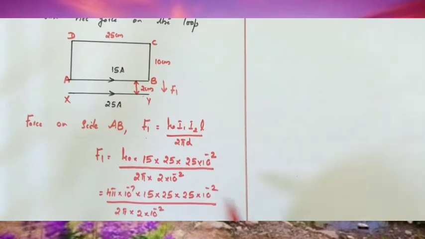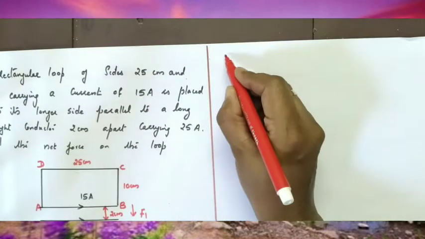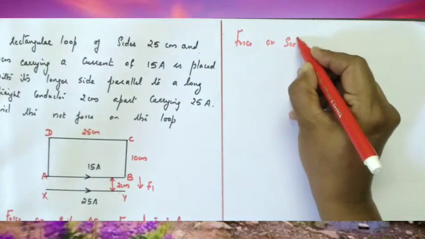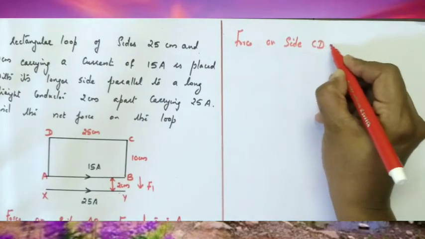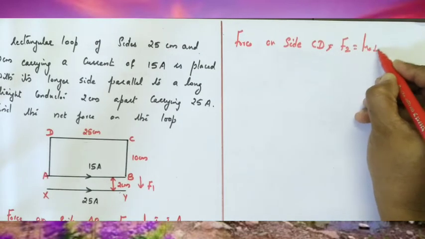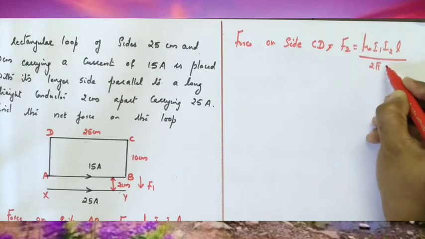Now, we can find out the force acting on the side CD. So, next one is force on side CD. Again the same formula, F2 equal to mu 0 I1 I2 L divided by 2 pi d.